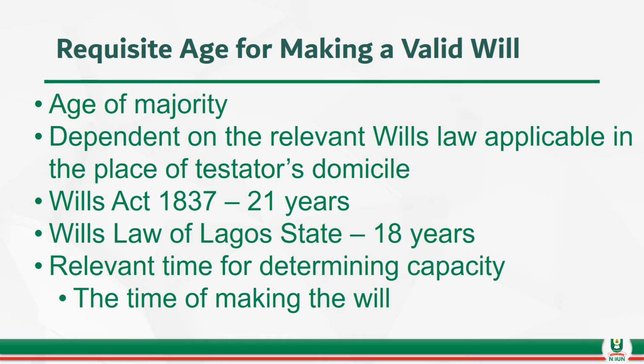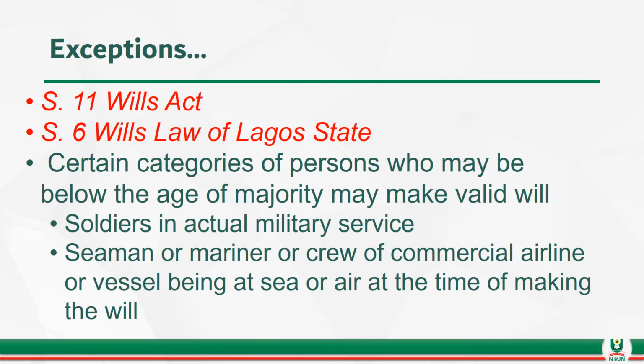So someone can be less than 18 when he made a will, and then the issue of testamentary age arises when he's maybe 25. It will be invalid because when he made the will, he was less than 18, for instance, if we are looking at it under Lagos State law.